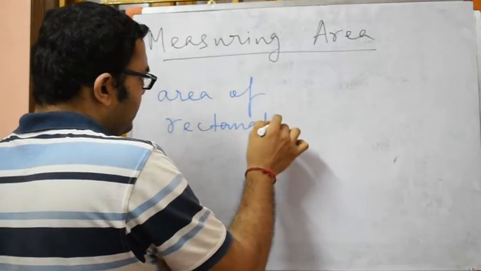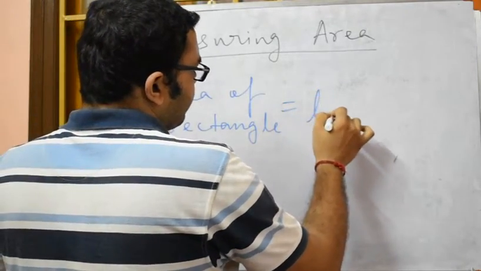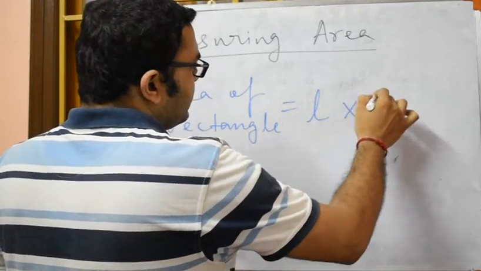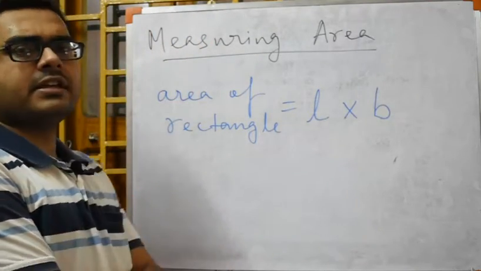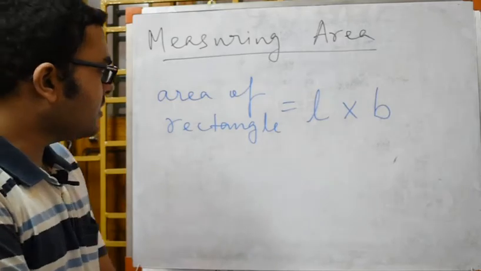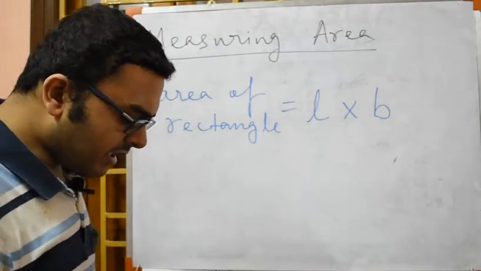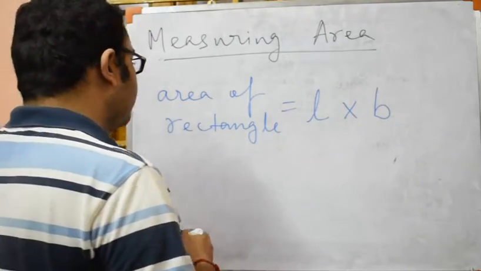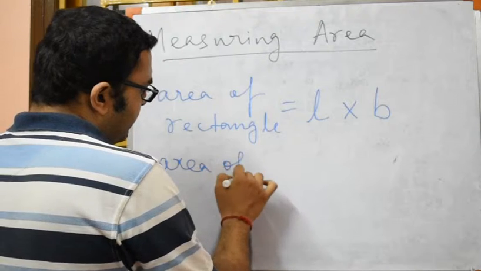I think everybody is quite familiar with this formula. Area of a rectangle is length L multiplied by the breadth B of the rectangular surface. So the area of the rectangle is given by the formula length L multiplied by the breadth B.